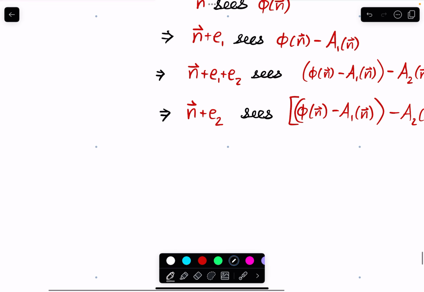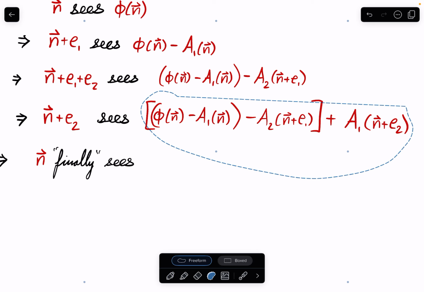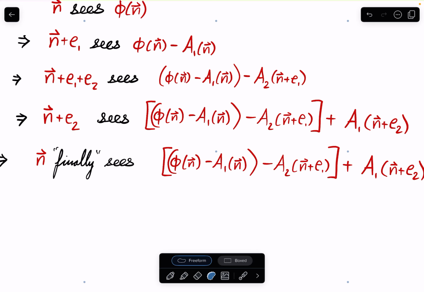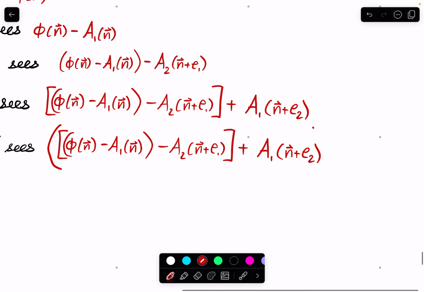So then n finally sees this whole value plus A2, then n.